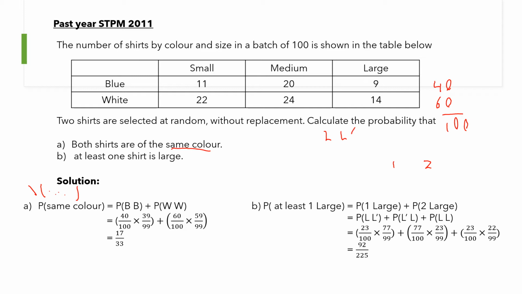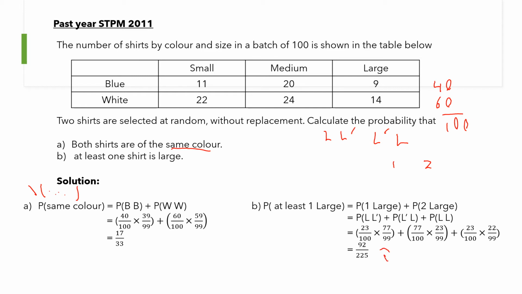But it is actually different when the first is not large and the second is large. Maybe most of us think that there's no difference because it's the same thing. You are just going to choose one large, but the arrangement actually matters. So the first one is not large and the first one is large is totally different.